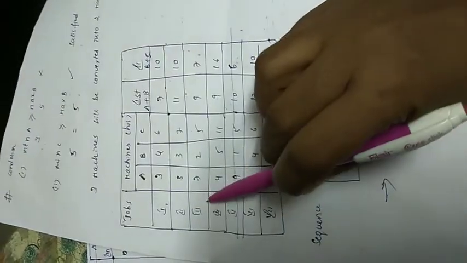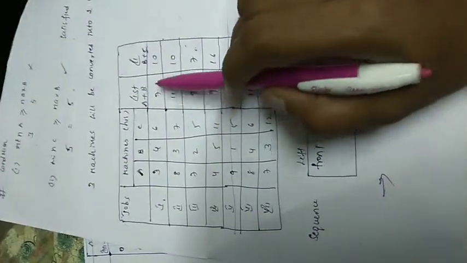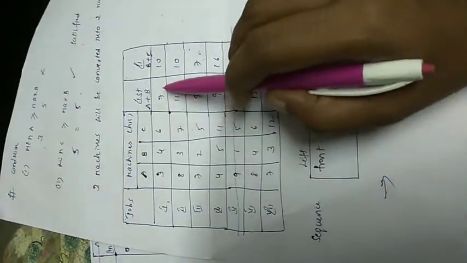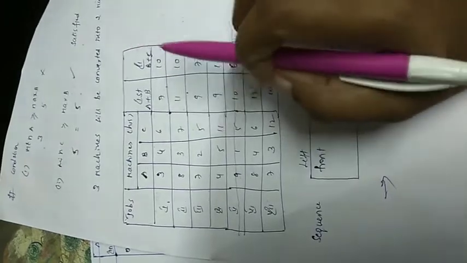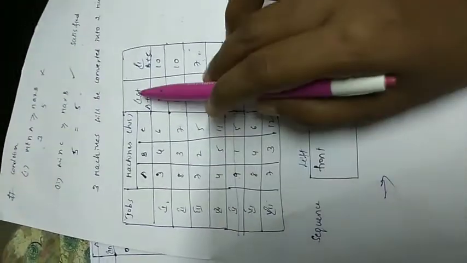Next, this 7 is the third job, second machine. Always we will give preference to the first machine, first job. This one is in the second machine, third job. So we will not consider the second machine first; we will consider the first machine first.